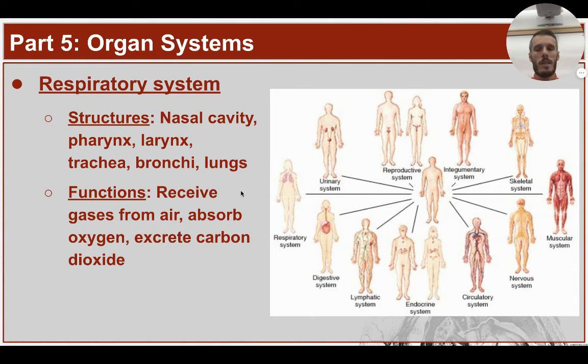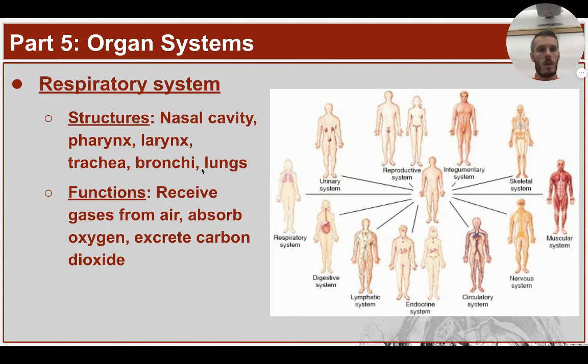The respiratory system, so bringing in air and then excreting the waste gases that we form. So again, from your mouth or from your nasal cavity down into your lungs and then back out. So this includes your nasal cavity, your pharynx and your larynx, your trachea, bronchi, and your lungs.